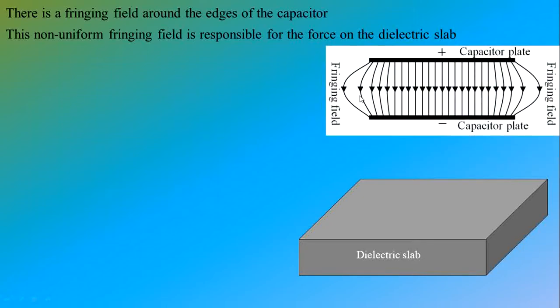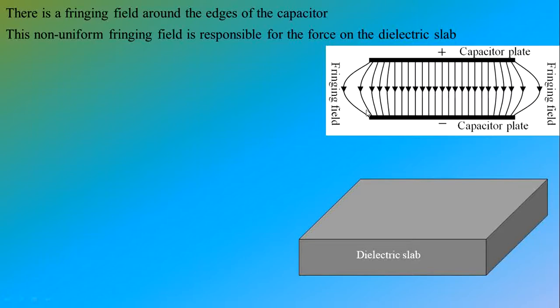Here we can see the original real picture of a capacitor plate where the black line represents a positive capacitor plate. Similarly, in the below region there is a negative capacitor plate. In between them, most of the electric field is uniform inside the material. However, if you go to the edge of the plate, there is some non-uniform electric field.